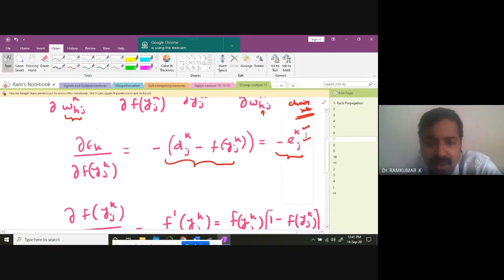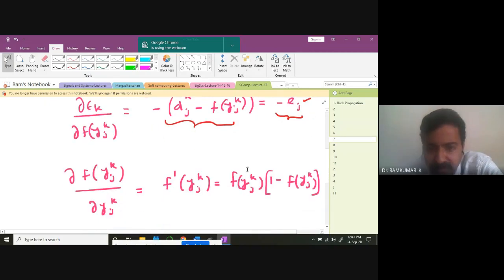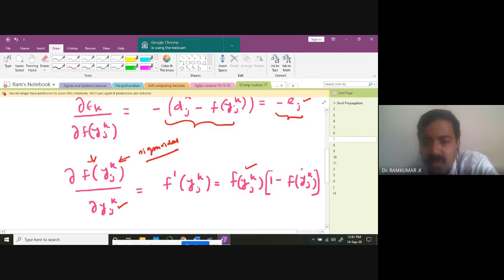Then you do it for ∂f(yjk) by ∂yjk. Can somebody recall this immediately? What is f of yjk? That's a sigmoid. If I find the derivative of the sigmoidal function with respect to yjk, we learned from Nitish Kapra's lecture that the first derivative is nothing but f of yjk multiplied by 1 minus f of yjk. So go back and see the derivation again.